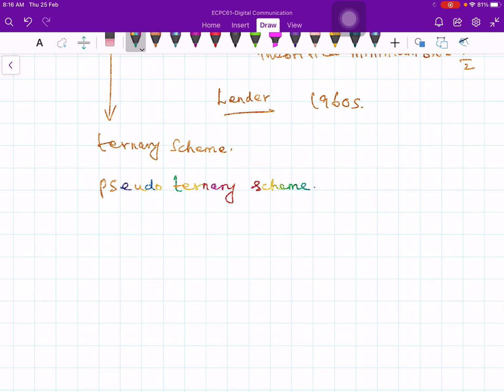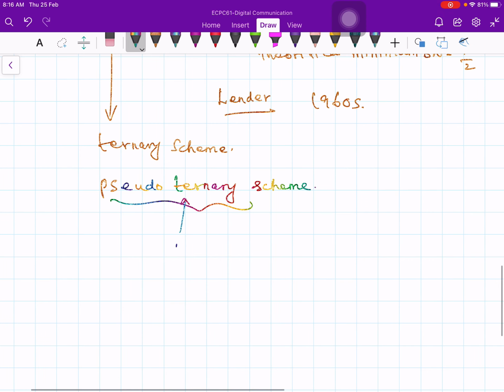Notice we use no pulse for 0 in pseudo ternary, and either you transmit p of t or minus p of t for digit 1. But the difference is as against the bipolar kind of signaling that we have done before, namely AMI.